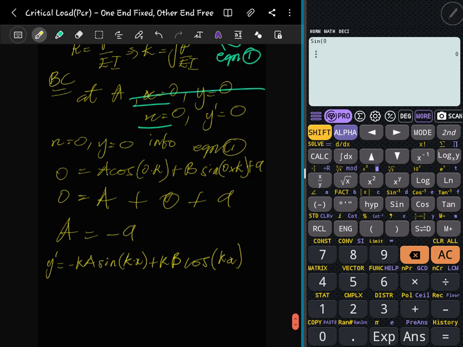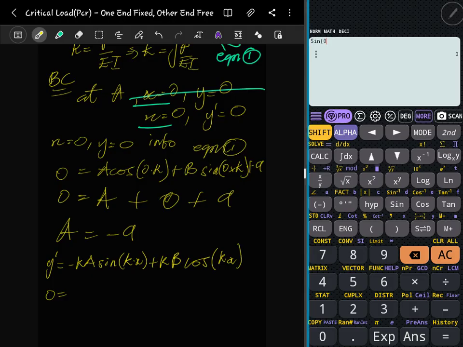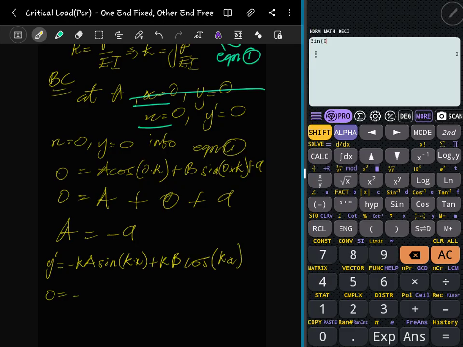And now the next thing is to put the boundary conditions in. We have our y derivative, or slope, to be 0. Minus kA sine, we have our x here to be 0, so sine 0 is 0. That gives us 0. So this here becomes minus 0 plus cos of 0, because we are using this boundary condition right here.